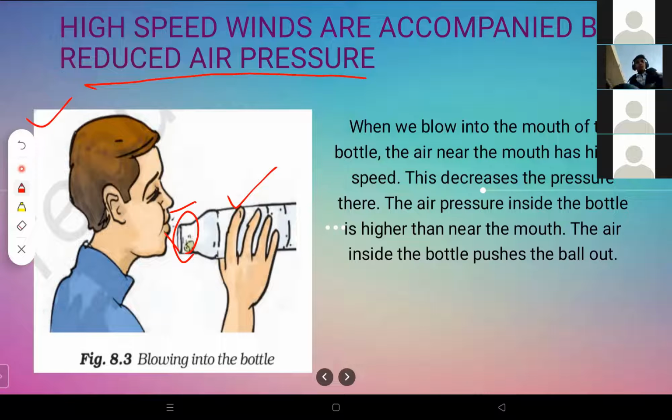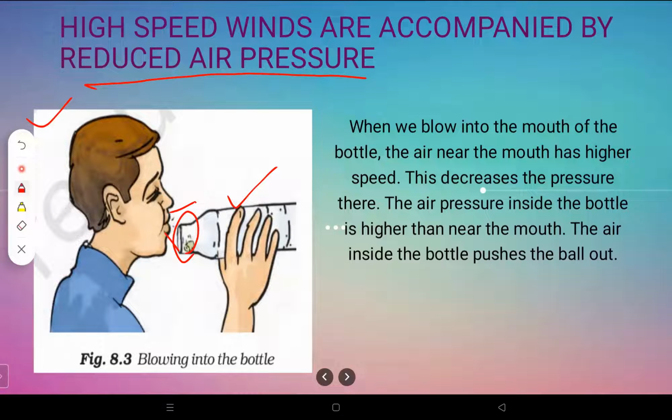So don't you think the air inside the bottle pushes the ball out? Should I repeat? Yes. Let's imagine this. When we blow, the air near the mouth has higher speed, due to which the pressure decreases. The pressure of this place is decreased. The pressure of this place is high.